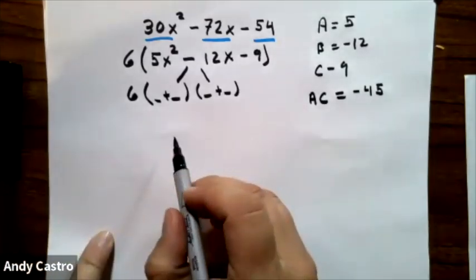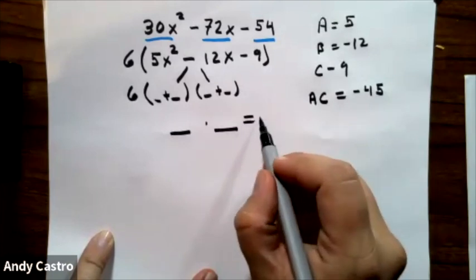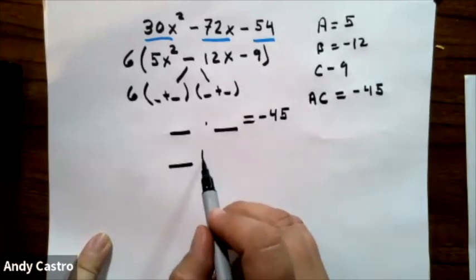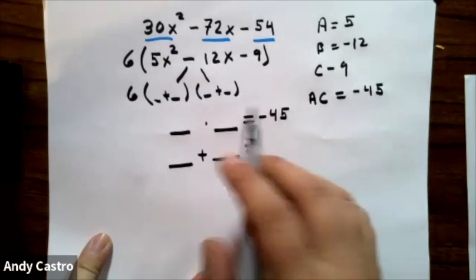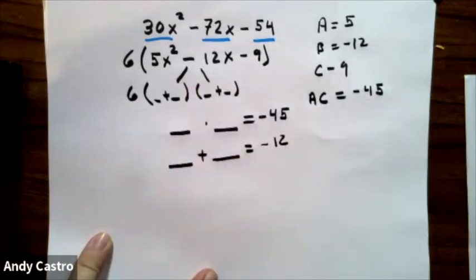Okay. I want two numbers that multiply to give me negative 45 that also add to give me the middle term, which is going to be negative 12.